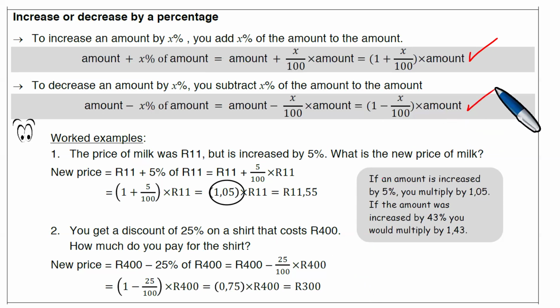Let's look at the decrease. To decrease an amount by x%. Here, if you increase by x%, you take the amount and you add x% of the amount. So in other words, you are increasing an amount by x%.